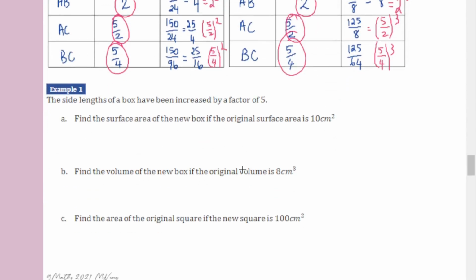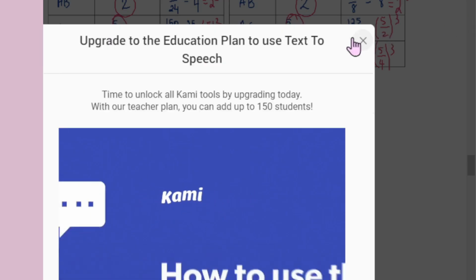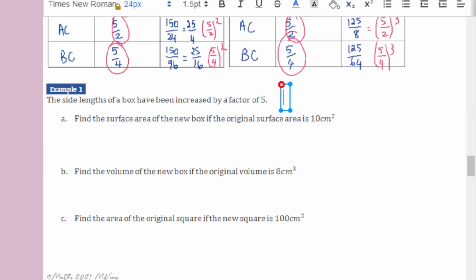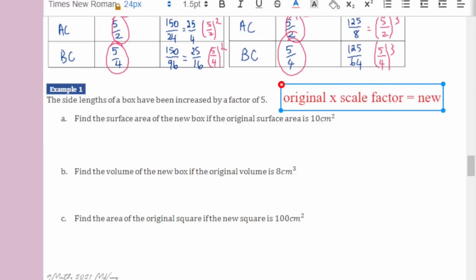Before we move on, just a quick reminder, and I'm going to type it so it's nice and clear. Text box, so I'm going to type it over here, that if you have the original length or area, surface area or volume, so if you have the original and you multiply by the scale factor, you end up with the new value. So make sure that you know that.